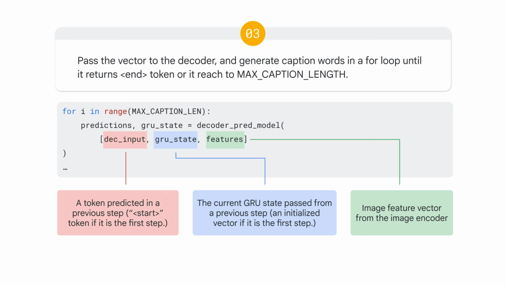And as we talked, if it is the first iteration, this would be the start token. GRU state is the current GRU state we discussed. And please note that the decoder also outputs the updated GRU state. And last but not least, features. This is the image feature we extracted with the encoder. By passing them, we can get the actual next word prediction.